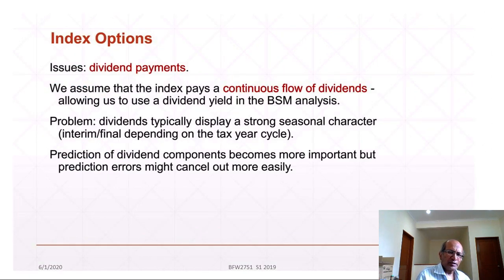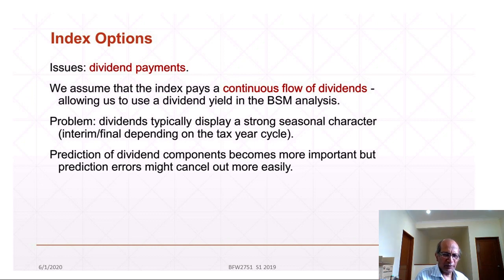Okay, index options. What about issues in the index dividend payments? This is where we use a continuous flow of dividends, because you can't identify a specific dividend for one share, since it's an index. We assume that the index pays a continuous flow of dividends, allowing us to use the dividend yield in the BSM analysis, as you saw in the last slide. The problem is that dividends typically display a strong seasonal character.